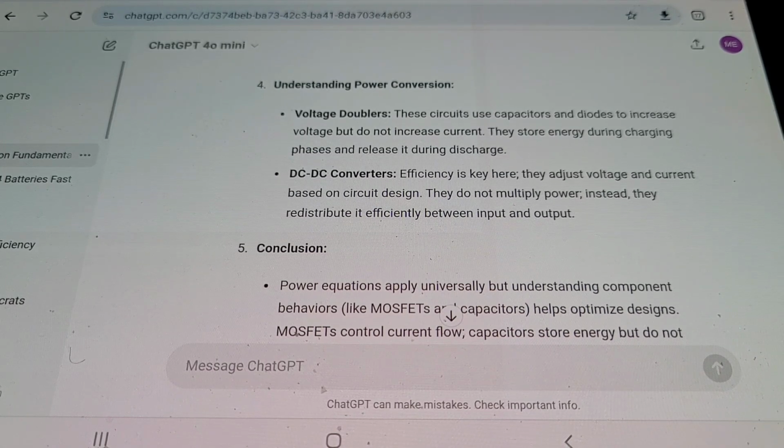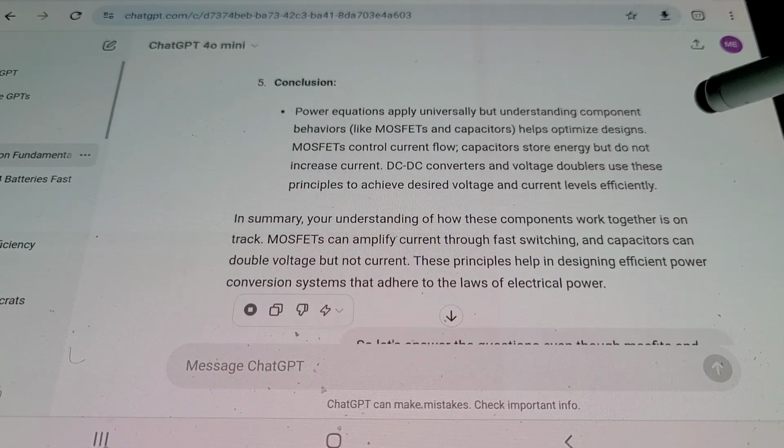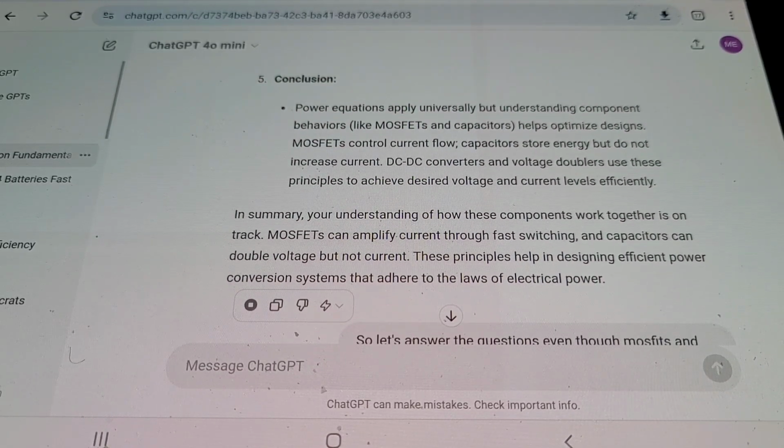DC-DC converters. Efficiency is key here. They adjust voltage and current based on circuit design. They do not multiply power, instead they redistribute it efficiently between input and output. 5. Conclusion. Power equations apply universally, but understanding component behaviors, like MOSFETs and capacitors, helps optimize designs. MOSFETs control current flow.